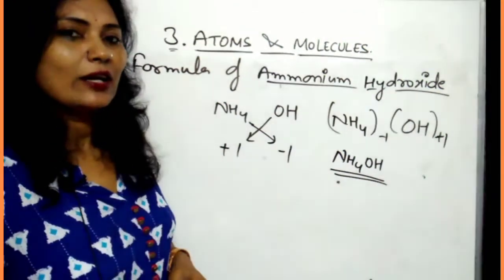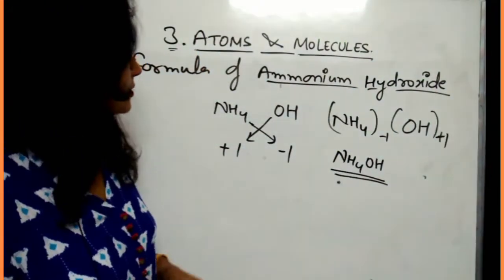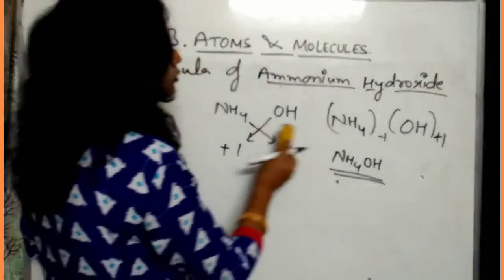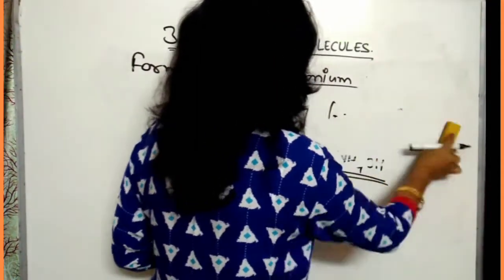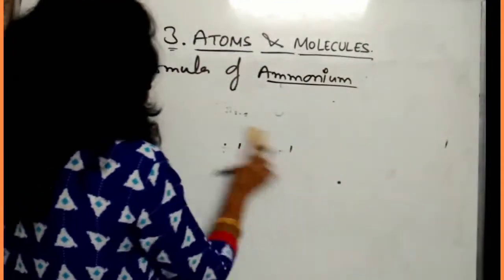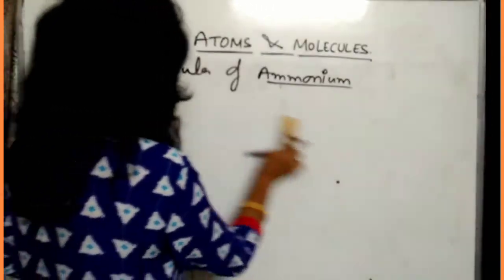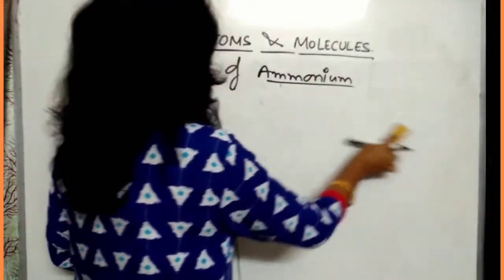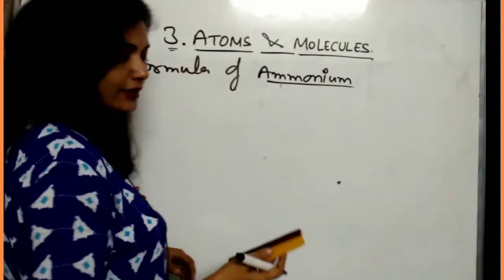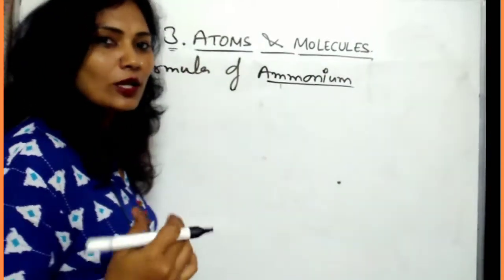Now you can find out the formula of ammonium sulfate. Write the formula of ammonium sulfate. Have you written? You can make all these formulas. Okay, so if you do the practice, then you can find out how the formulas are formed.